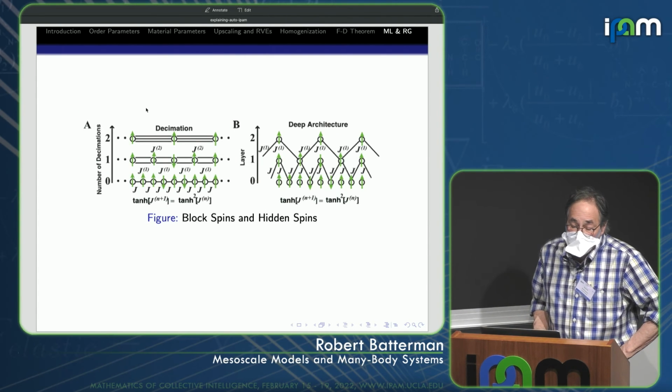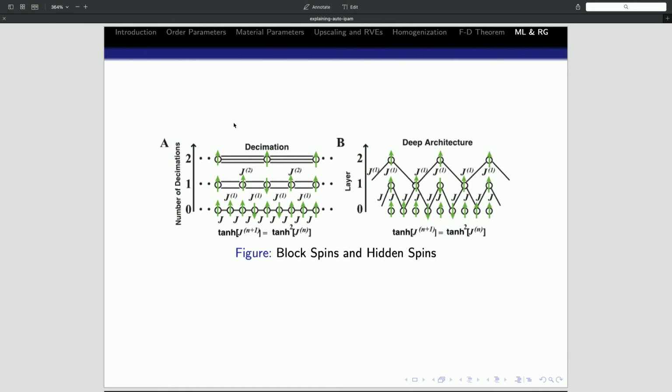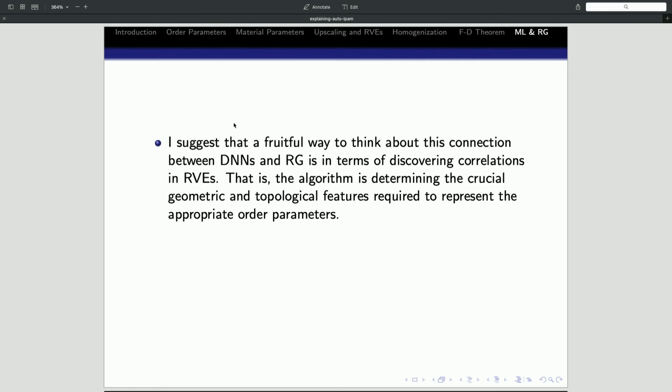And you get a picture that looks something like this. On the left, we have block spin or decimation a la Kadanoff. And on the right, with the deep architecture, we're essentially introducing hidden spins that capture the correlations among the ones at lower levels in the net.